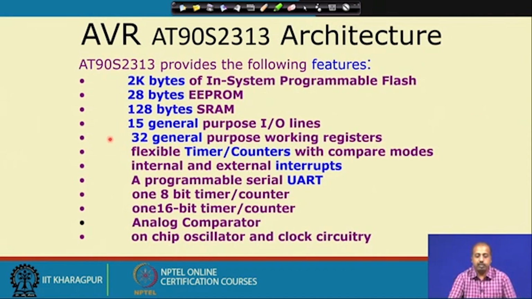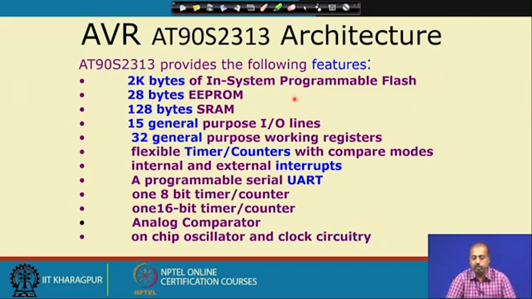So, the features. It has 2 kilobyte of in-system programmable flash, where you can have the program memory. Then there is 128 byte of EEPROM, where the essential values can be programmed. Then we have 128 bytes of SRAM, for scratchpad purposes, 15 general purpose IO lines, basically the IO ports, and 32 general purpose working registers, so a large number of registers.